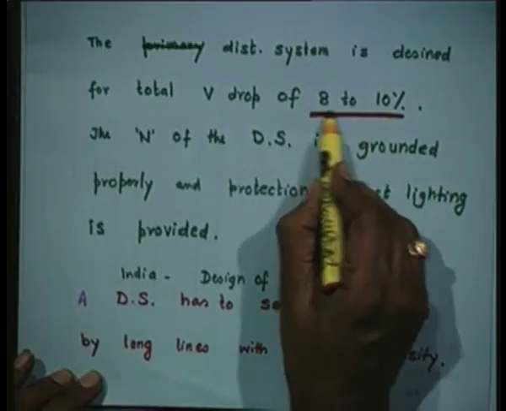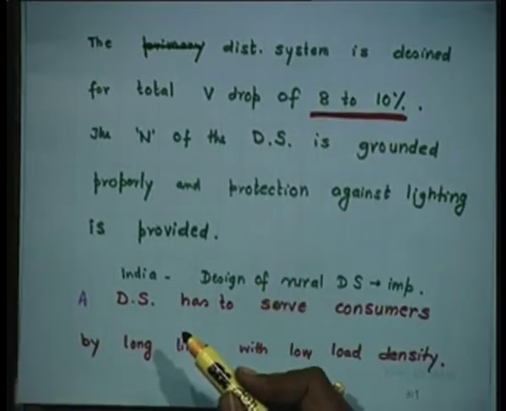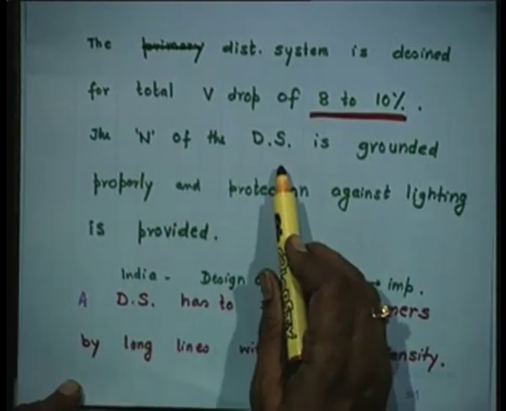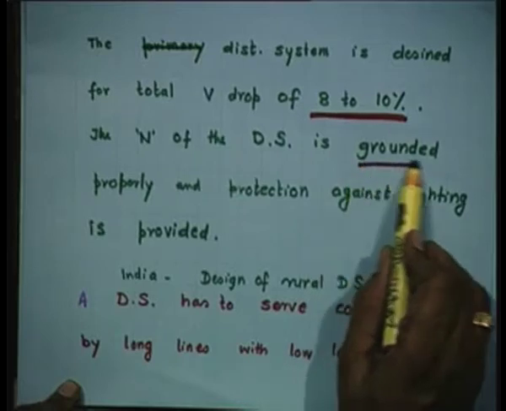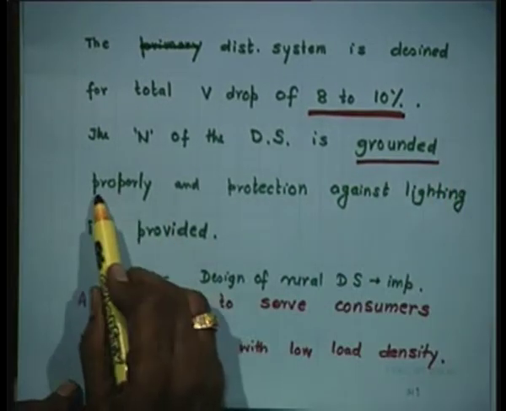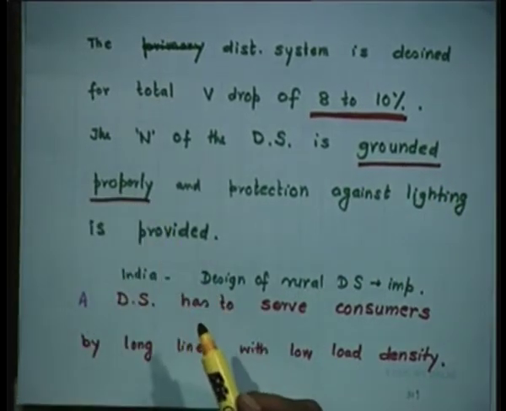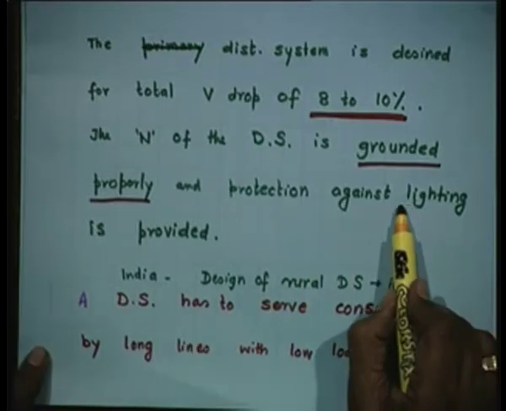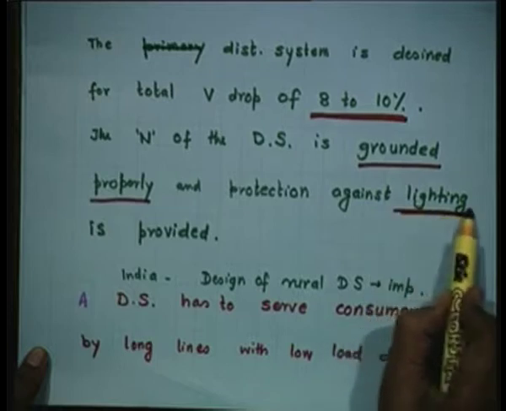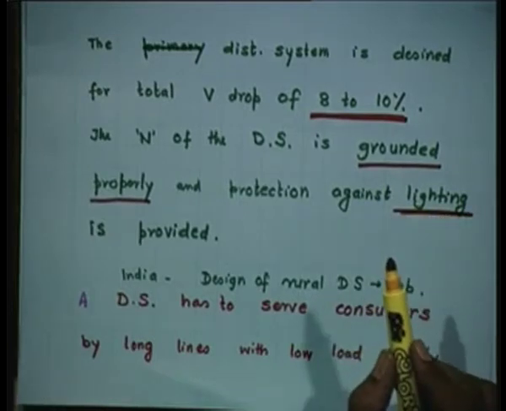This is the voltage regulation I am talking about. The neutral of the distribution system is grounded properly, thoroughly, so that there is protection against lightning.